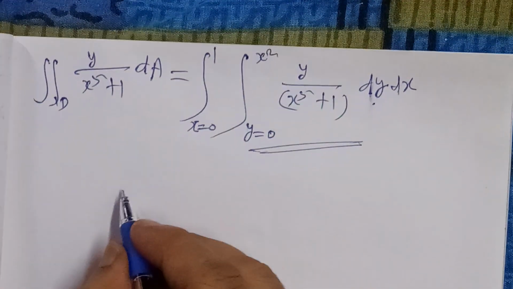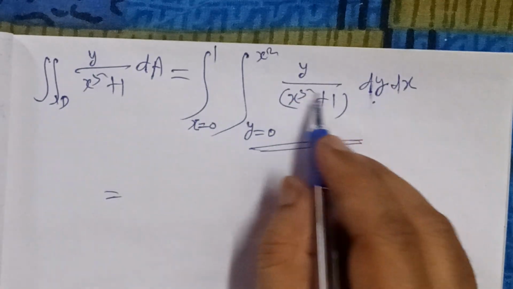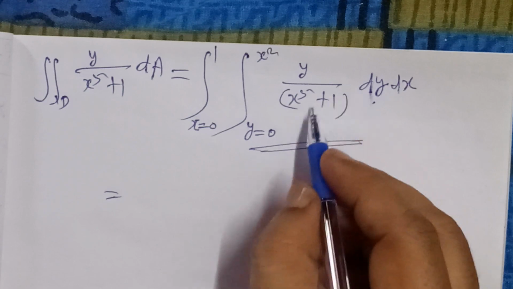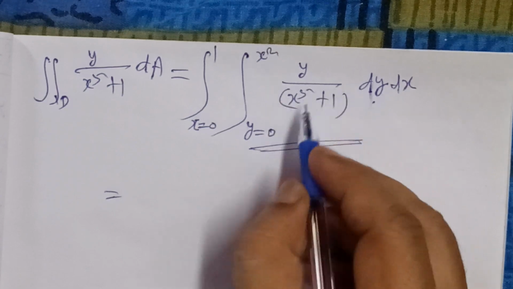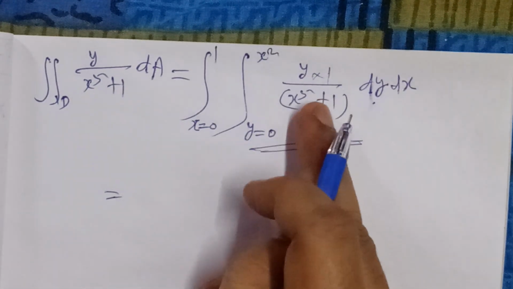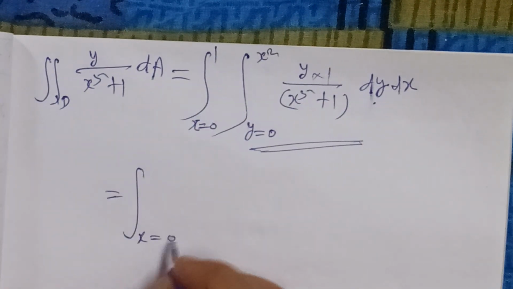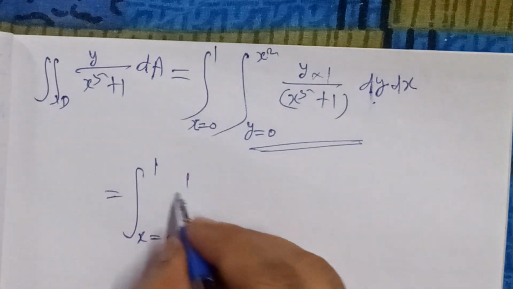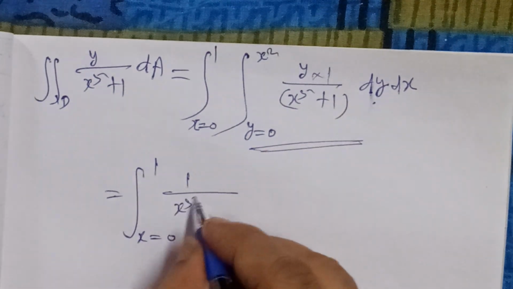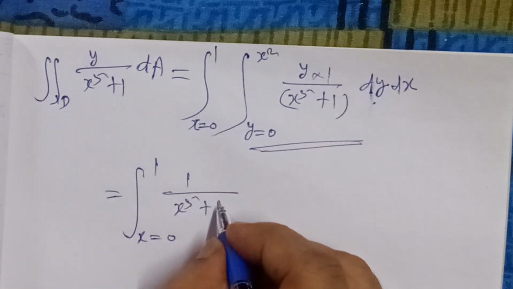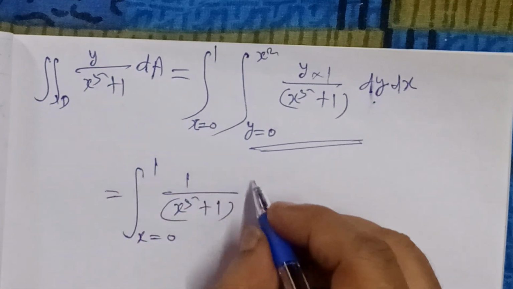For y, x is constant, so I take out 1 upon x to the power 5 plus 1 from the integration.